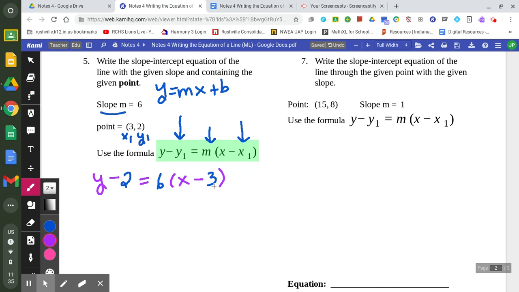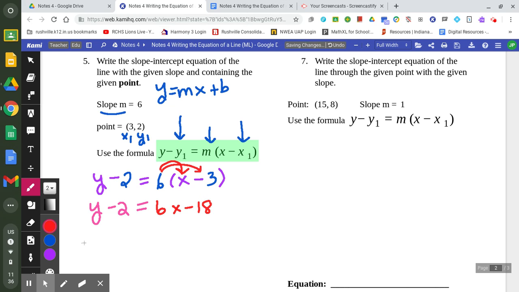And now I need to get it into the y equals mx plus b format. So my next line of work is going to be y minus 2 equals, and then I need to do the distributive property. So 6 times x gives me 6x. 6 times negative 3 gives me negative 18.